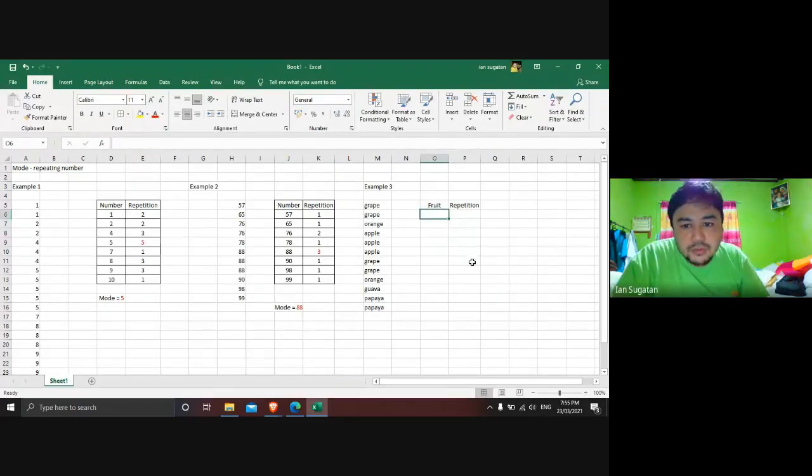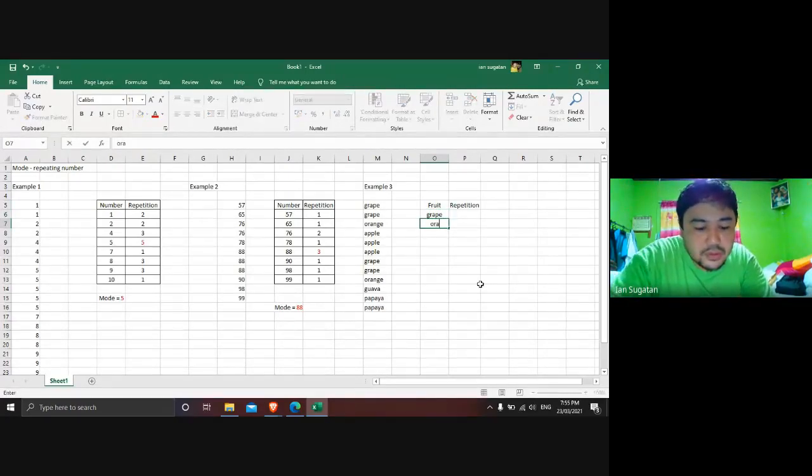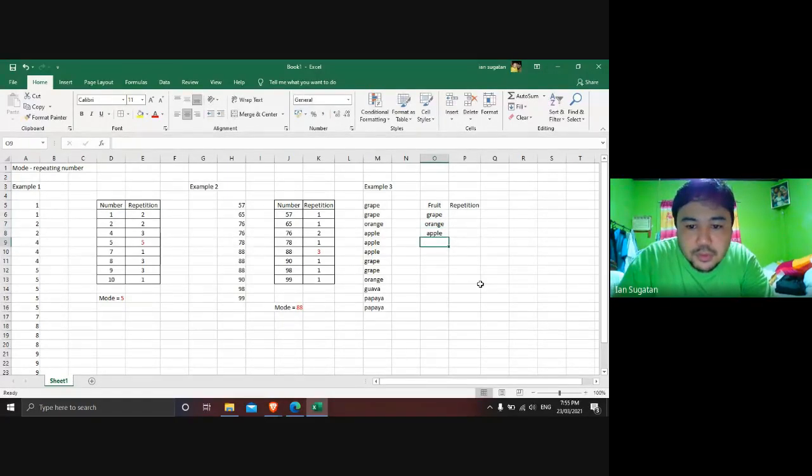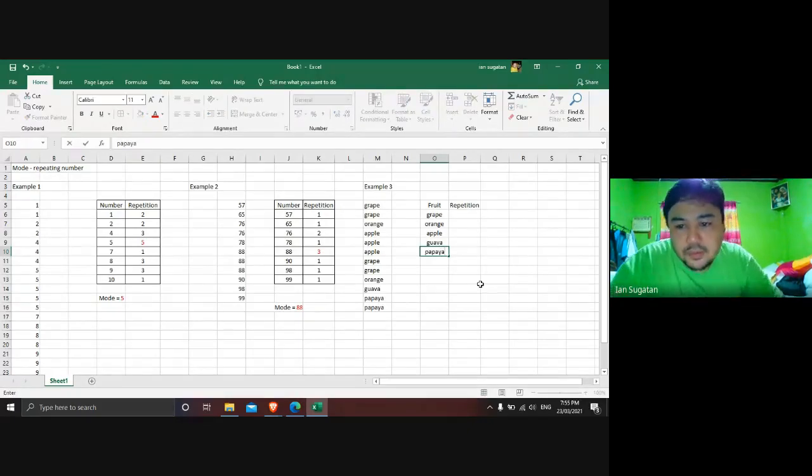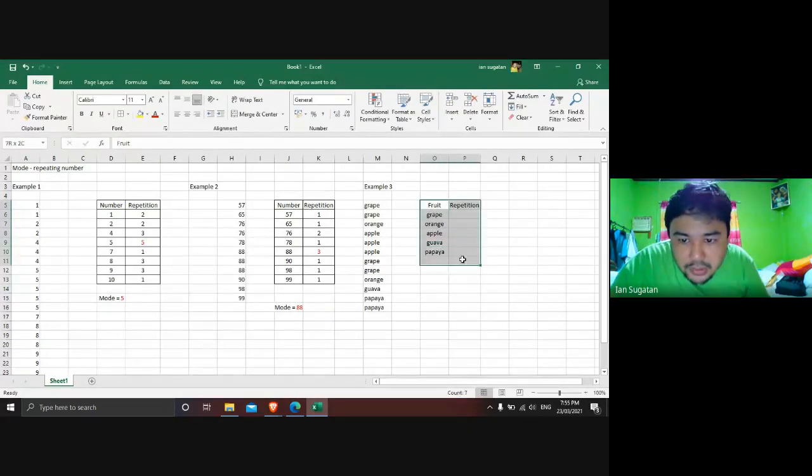Okay, so the first fruit will be grape. Okay, the second is orange. Then the third will be apple. And the fourth would be guava. And the fifth will be papaya. Okay, so we have actually 5 fruits here.